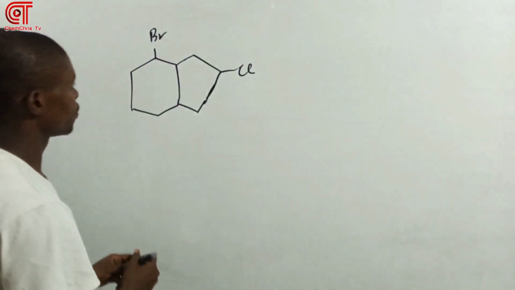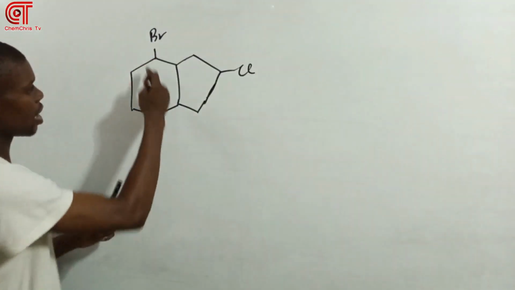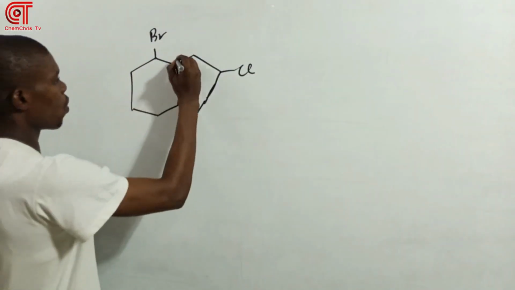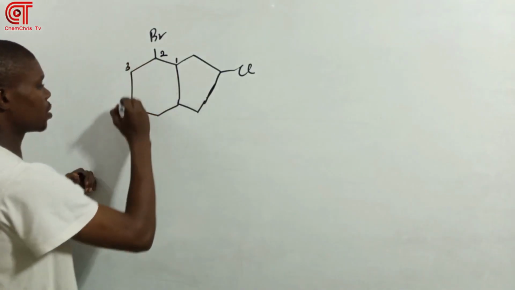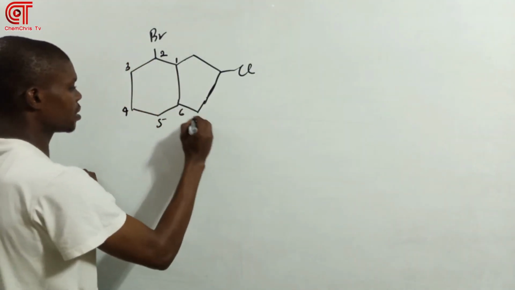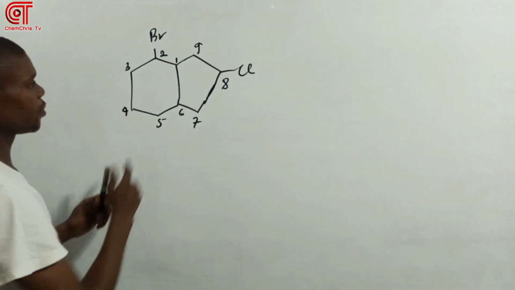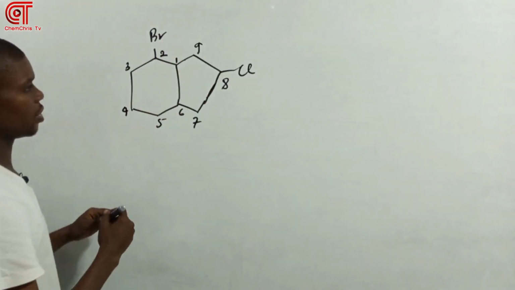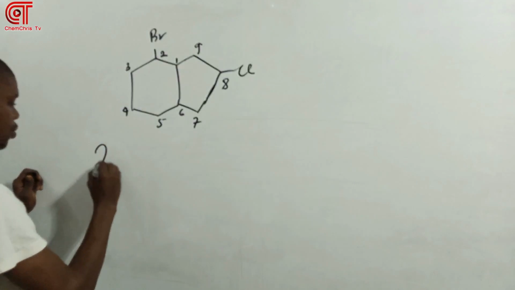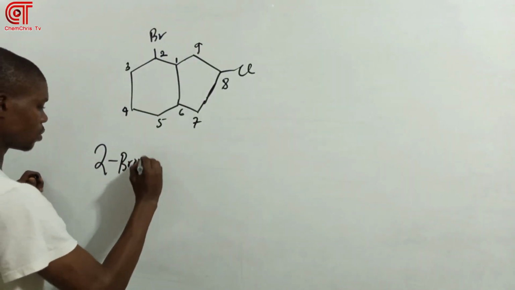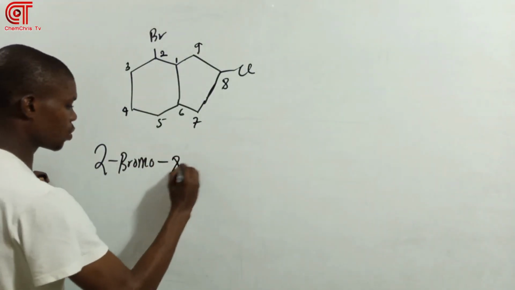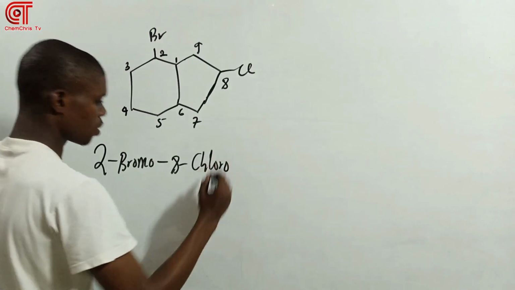So now let's name this one, right? So here we have 1, 2, 3, 4, 5, 6, 7, 8, 9. Right? So going to be what? B will come before C. Yes, so going to be 2-bromo. Here we have 8-chloro. Right?